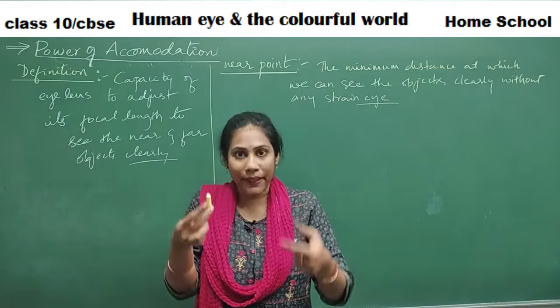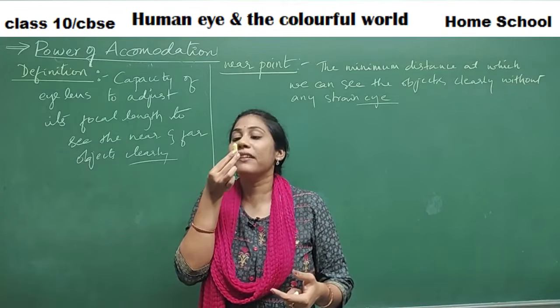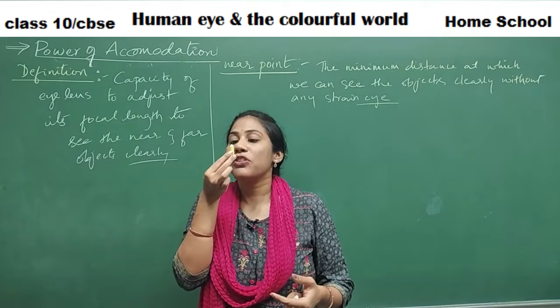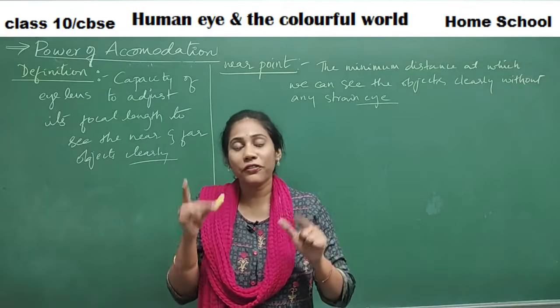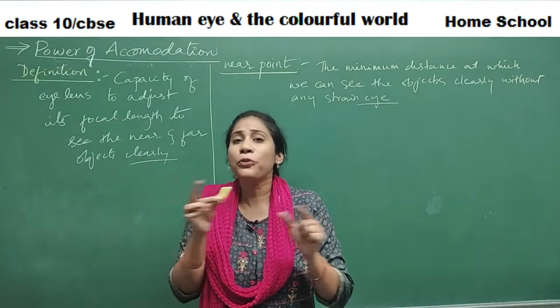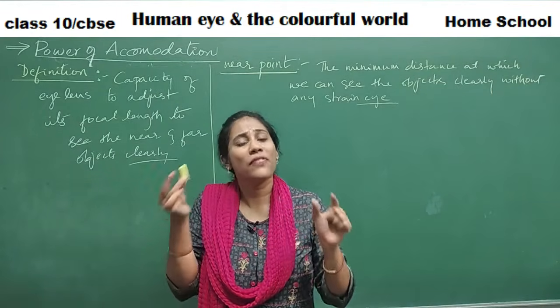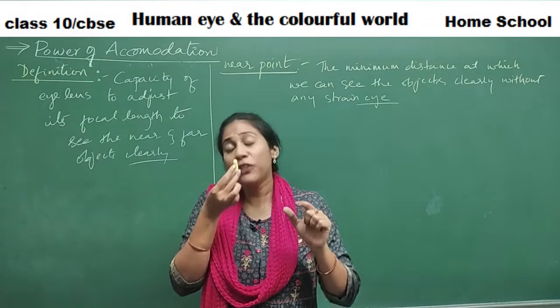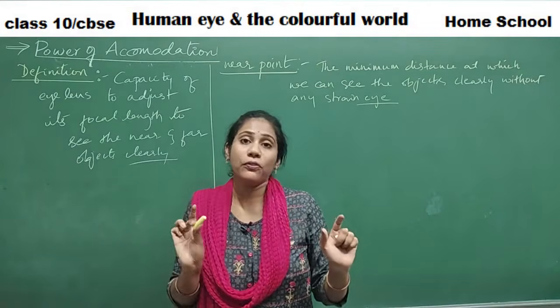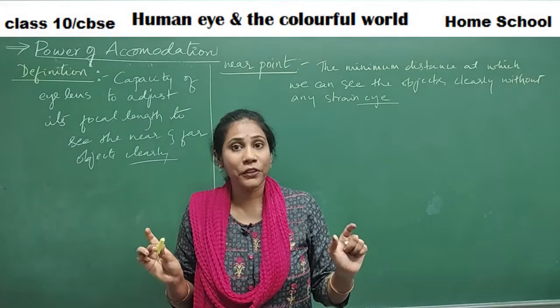Keep your book or pen very near, this near, and try to watch that. Don't you feel a kind of strain on your eyes? Definitely, right? That means you cannot watch objects very clearly without strain when you keep them very near to your eye.